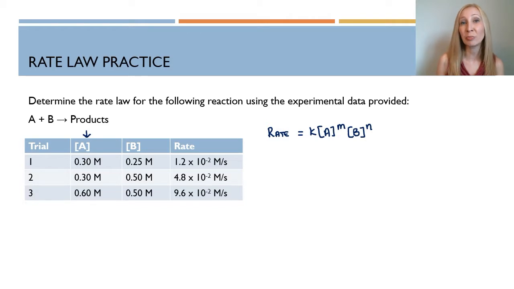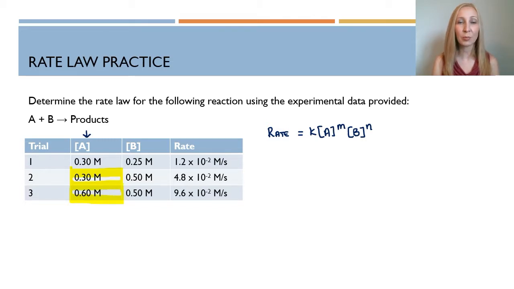The concentrations of B are both 0.5. So I'm going to use trials 2 and 3 to figure out my information for A. So my information for A is 0.30 and 0.60. Now if I go from 0.30 to 0.60, that increases by a factor of 2. So that doubles, I'm doubling the concentration.